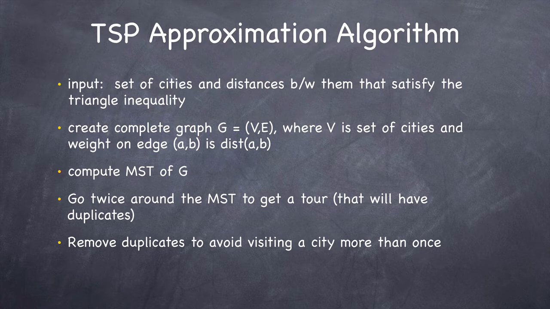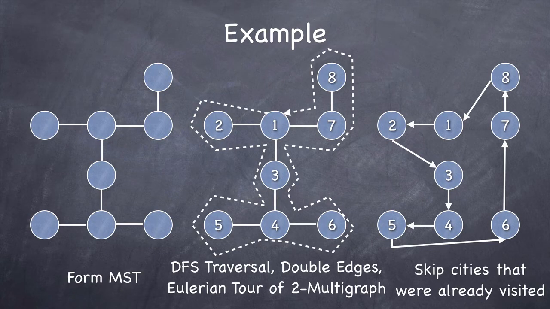Now it's perhaps best if we look at an example to see how this goes. So here on the left hand side you see certain nodes in a graph. This is a complete graph, but I didn't draw all the edges, and here is a minimum spanning tree. This complete graph is labeled with the distances, and we picked a tree where the sum of the weights of these edges is minimal.